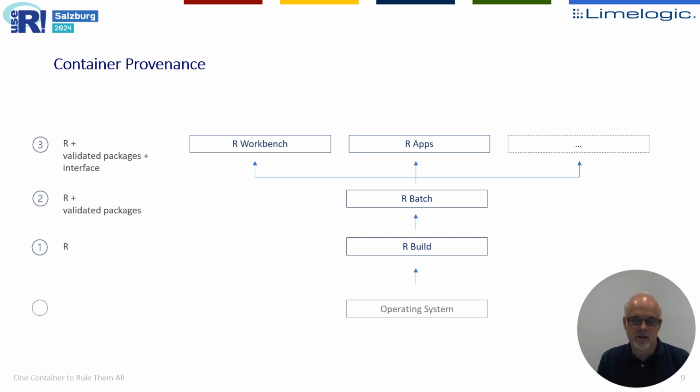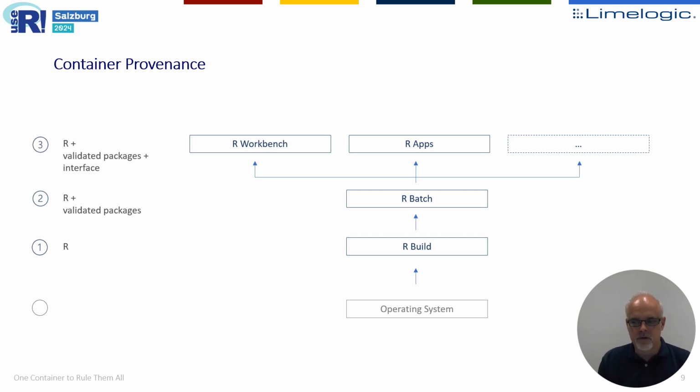Now I'm calling that R container R batch, simply because it's essentially R with packages. There's no real interface, but it's a container that can be used for batch processing. And once that R batch container has been validated and qualified, we can use that container as the source to create containers with whatever interface that we need.